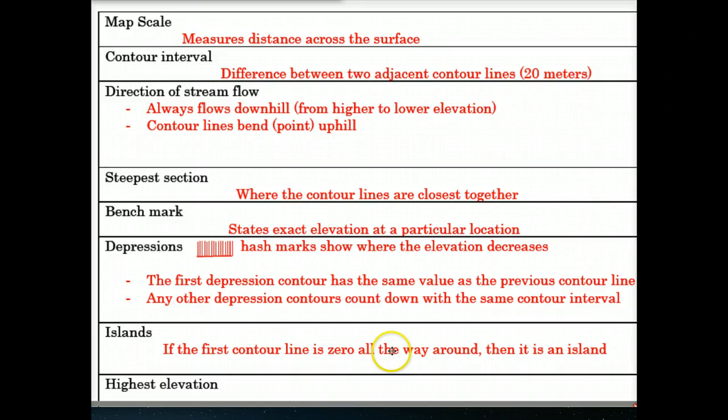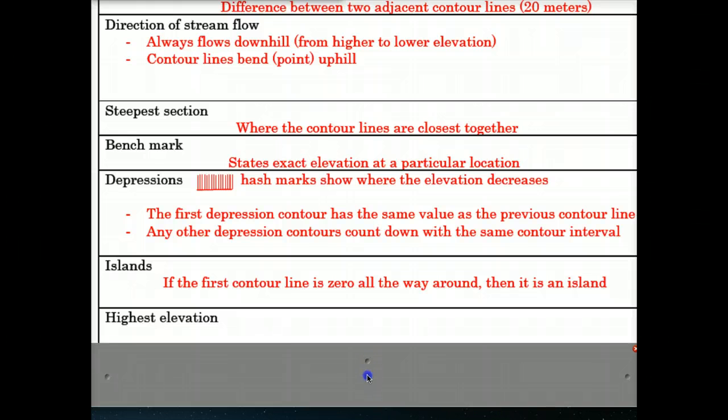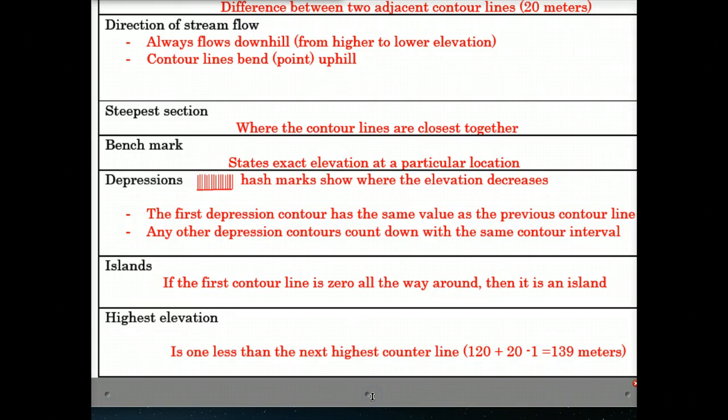The highest elevation is 1 less than the next highest contour line. For example, if the highest contour line was 120, the highest elevation would be 1 less than the next contour line. Because I don't have a 140 contour line, I'd subtract 1.